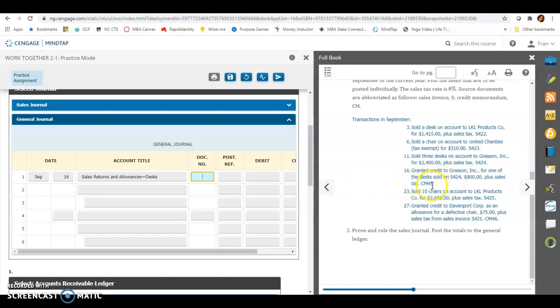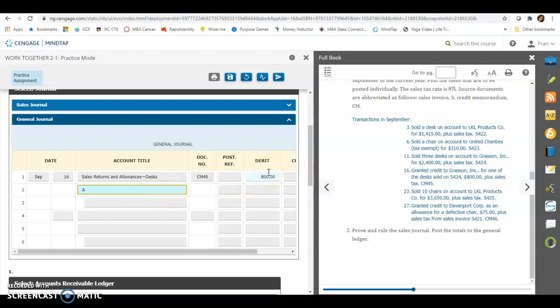Document is CM for credit memo 45, and it is $800. Then we're also going to have 2 other accounts on this.